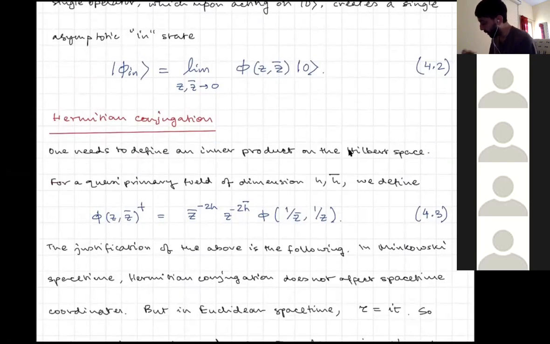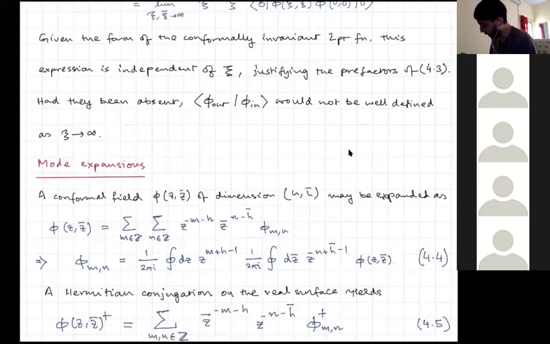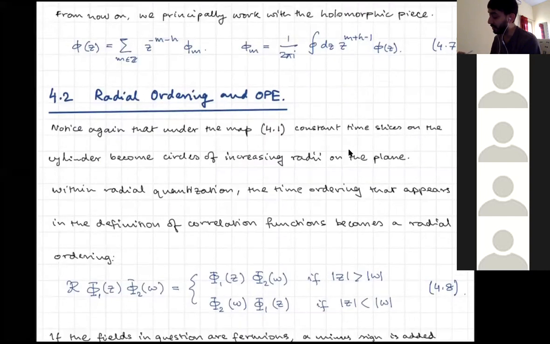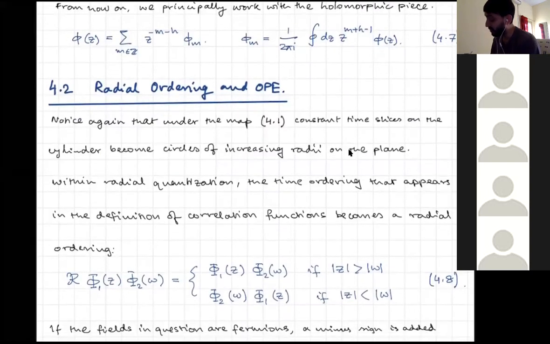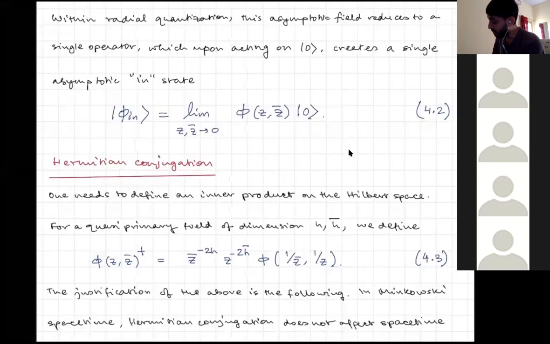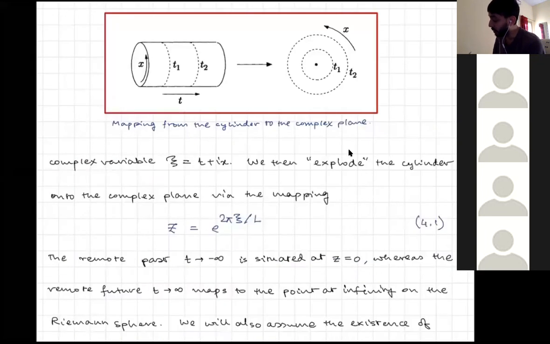But just to remind you of something that we did later, was radial ordering. The time ordering, as we were seeing before, is replaced by something called radial ordering. So this mapping makes it clear that if you time order things on the cylinder, on the plane these will actually be radially ordered.